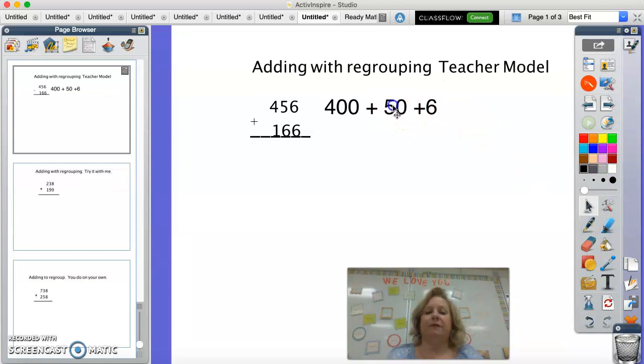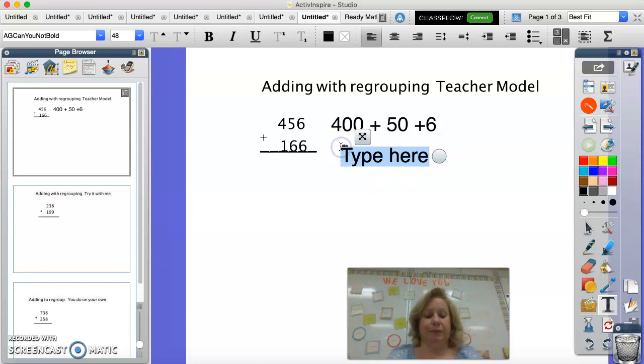That's my expanded form for 456. Then I can come down here and expand 166. So it would be 100 plus 60 plus 6.